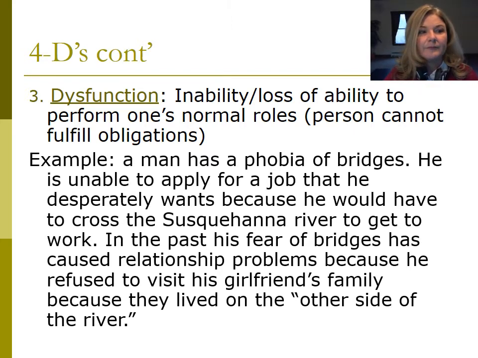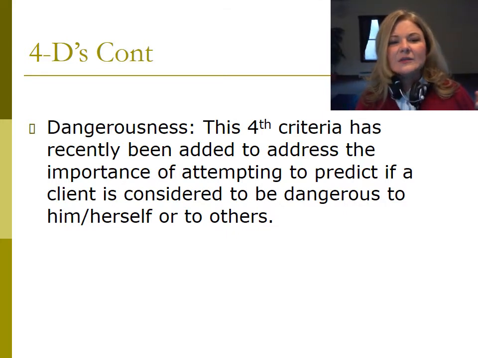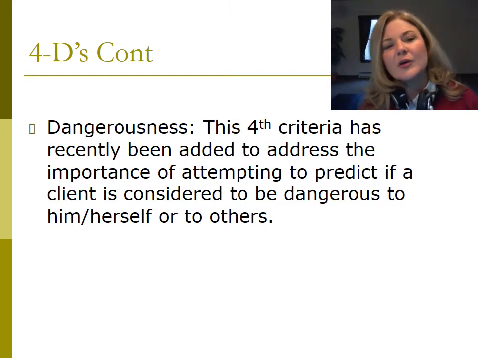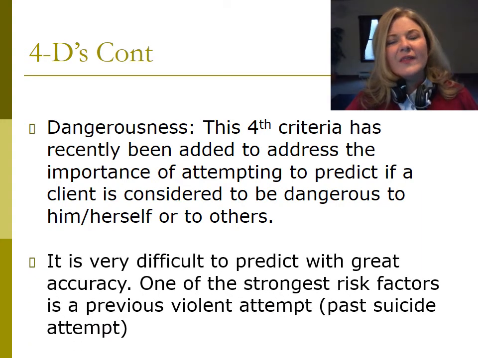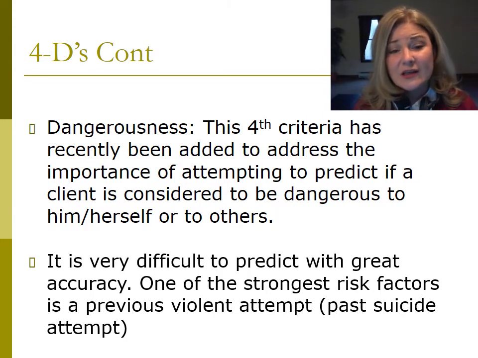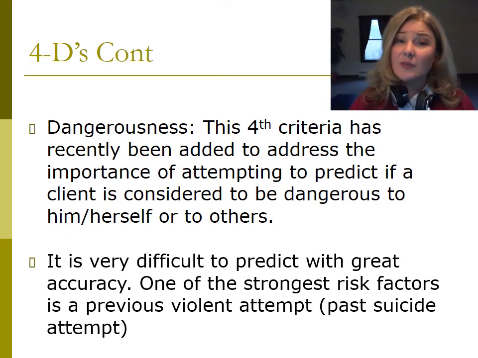And then the fourth one is dangerousness. And this one has to do with the importance of trying to predict if a client or a person is considered dangerous to themselves or others. The one thing I do want to mention about this, it is really, really difficult to predict with accuracy if someone is dangerous, especially with suicide attempts. So the biggest predictor, if somebody is suicidal, if they're going to commit suicide, is whether or not they've attempted before.